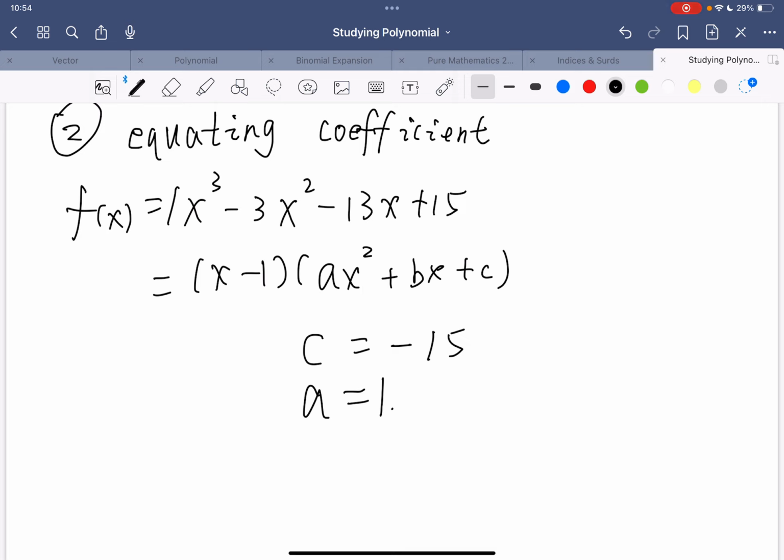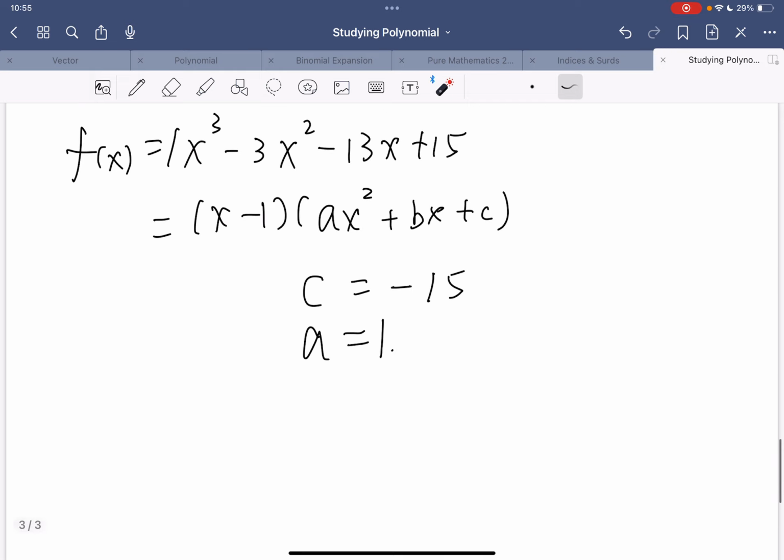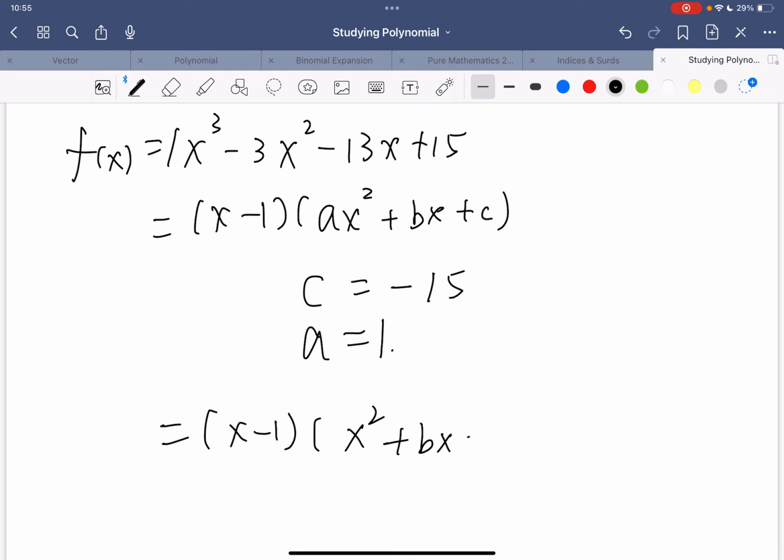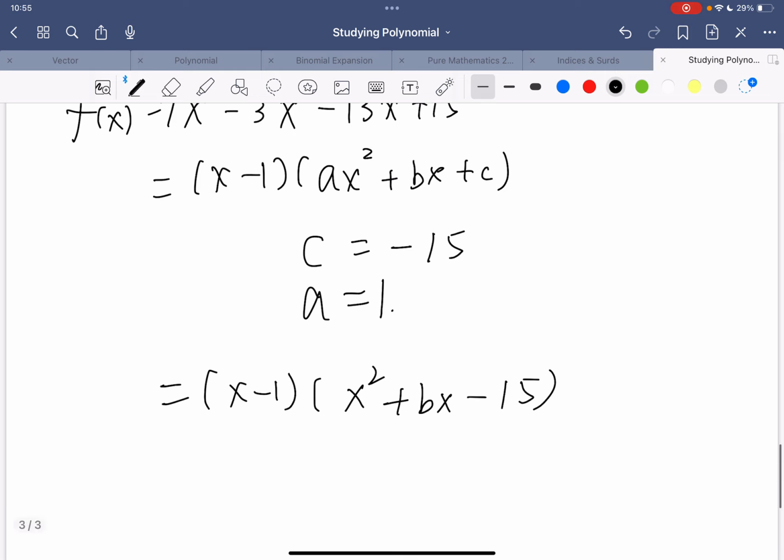Then, this coefficient is also 1. So A has to also equal 1. Okay, A equals 1. Alright, now let's open the brackets. It should be equal to x minus 1 times x squared plus bx minus 15, right?